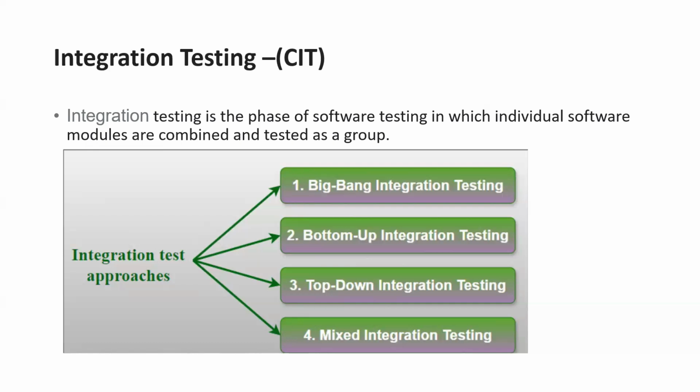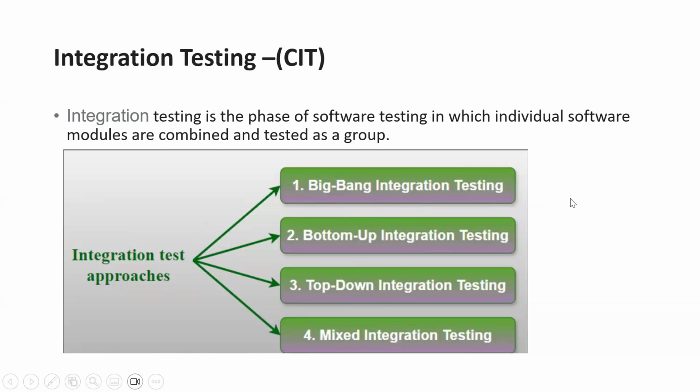Now we'll understand what is Big Bang integration testing. Big Bang integration testing is the simplest integration testing approach where all the modules are combined and the functionality is verified after the completion of individual module testing. So once individual modules are tested, they combine the components, and after that we can do Big Bang integration testing.